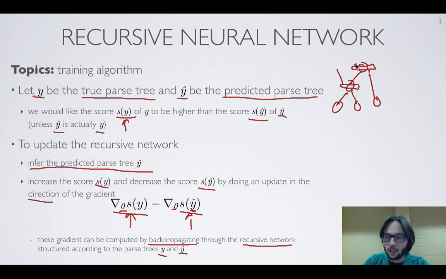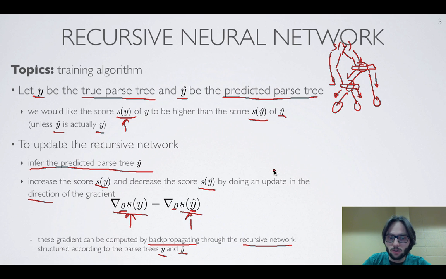From both of them we'd get as the output a score, the score of that merge and that merge, and these would be summed together to get the score of the full parse tree y. So that would be forward propagation, and then backward propagation would be to assume that we have a gradient with respect to S of y of 1, and then moving in the other direction, backpropagating the gradient with respect to all of our parameters to get the gradient with respect to all of the parameters for S of y.